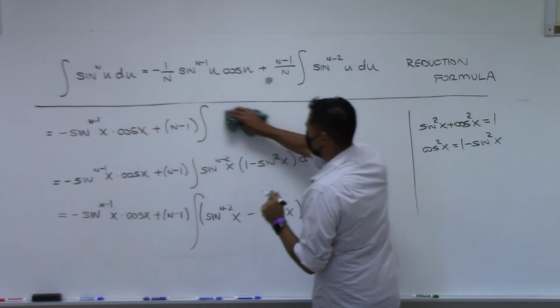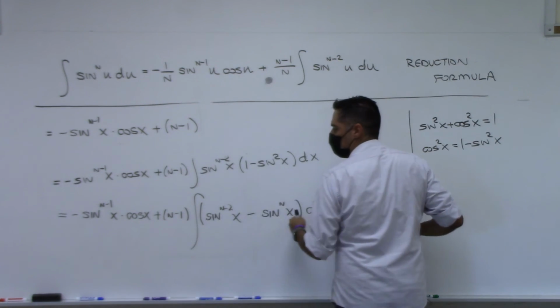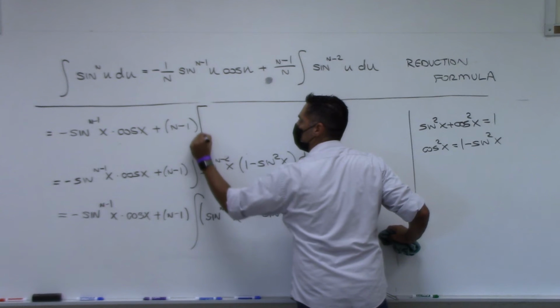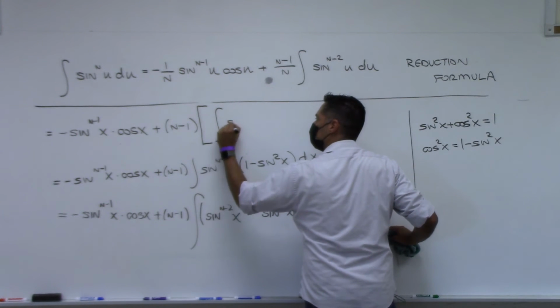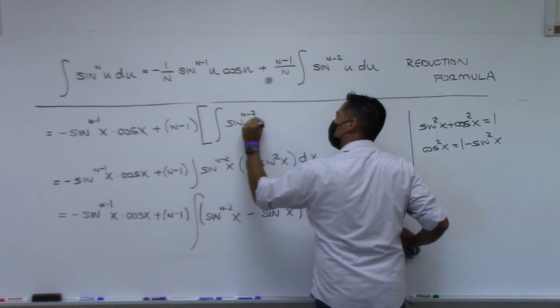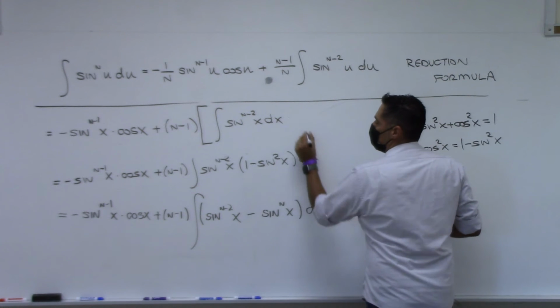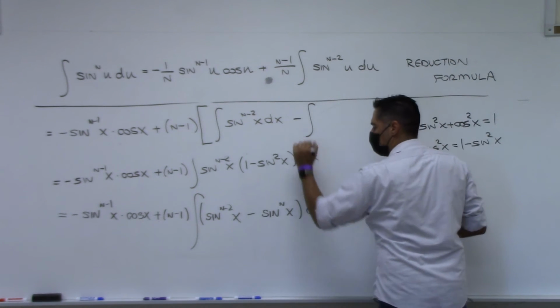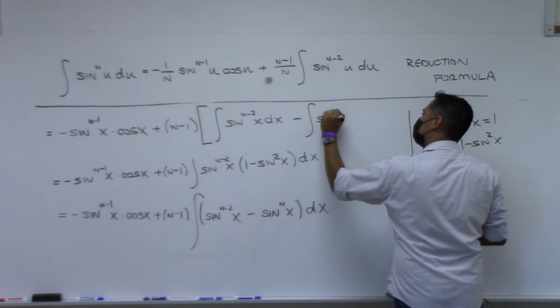This is going to split into two integrals, so the n minus 1 is going to have to hit them both. So the first integral will be sine to the n minus 2 of x dx. And then I have minus another integral, which is this one, sine to the n of x dx.